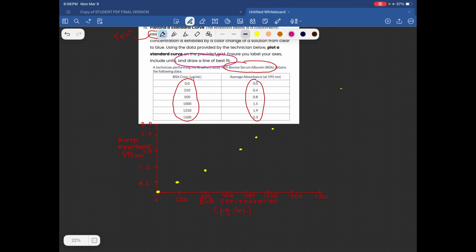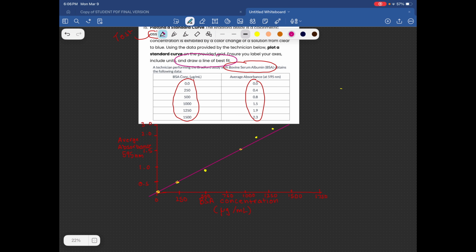So we'll place a line here where some of the points are below and some are above that line, ideally in a perfect world.